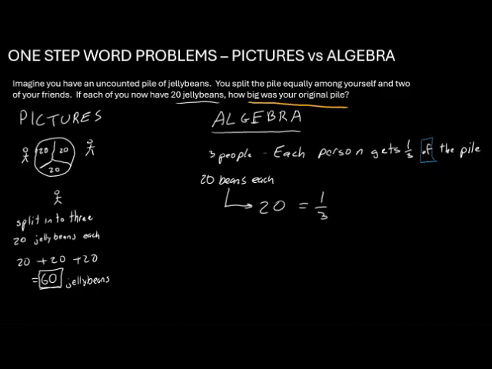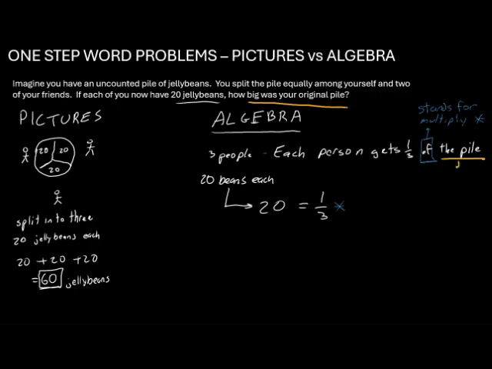Usually in math, the word of stands for multiplication. Anytime we want to multiply something, we're going to put a star next to whatever comes next. So I'll place a star next to that 1/3. Then, after the word of, we have the pile.